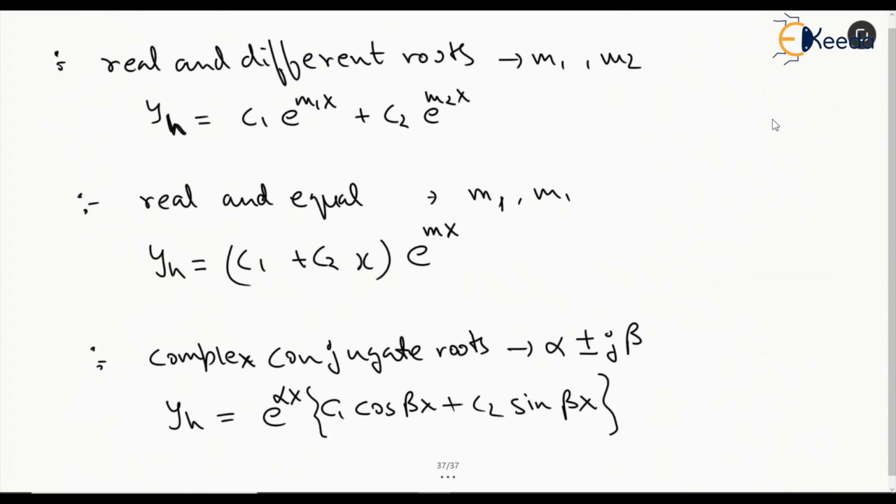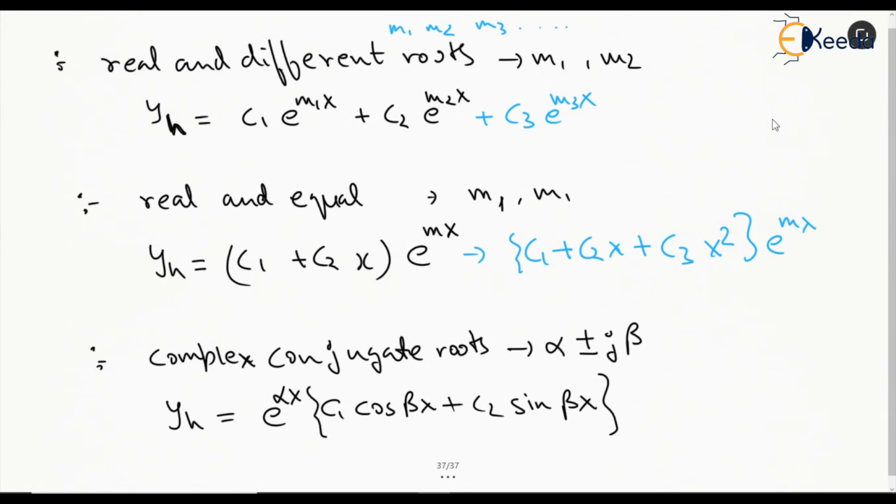In case we have a higher order equation and let's say we have more roots, let's say m1, m2, m3 and so on, then this may go up to c3 e to the power of m3x, and if there are repeated roots this can go up to (c1 plus c2x plus c3x square, and if another one is c4x to the power of 3, like that) e to the power of mx.